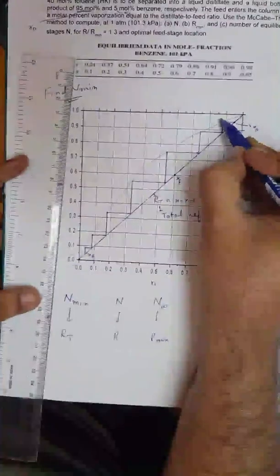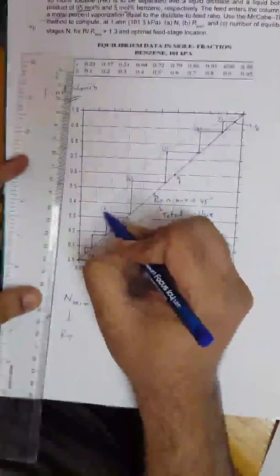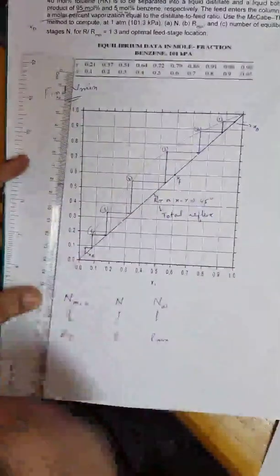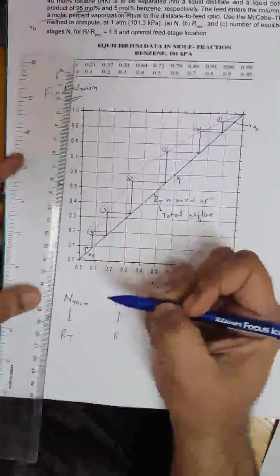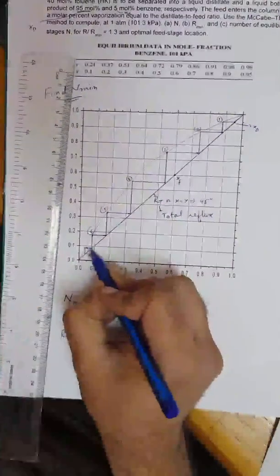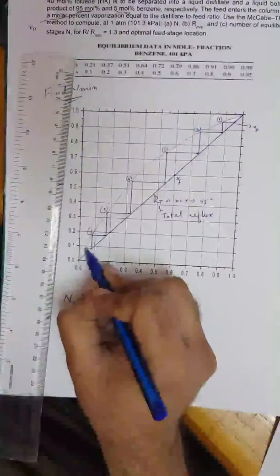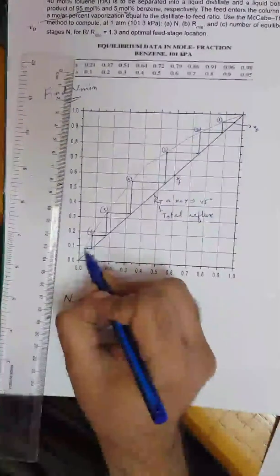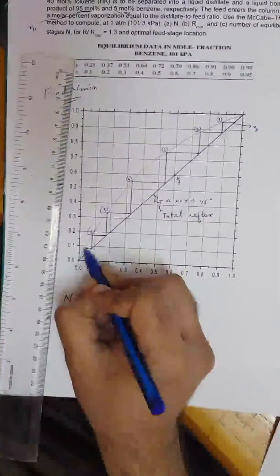So you can see this is 1, 2, 3, 4, 5, 6. Six stages are there, but the last one is a fraction. The fraction is the distance from this point until this point, the XB vertical line, and the distance from the XY 45-degree line until the equilibrium line.